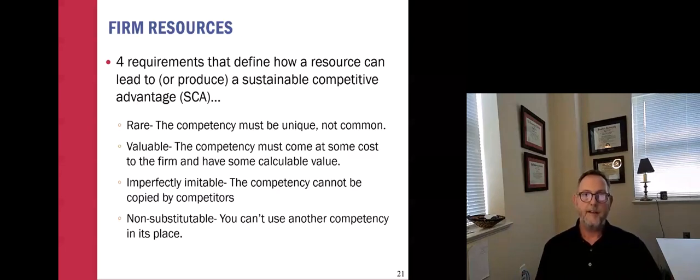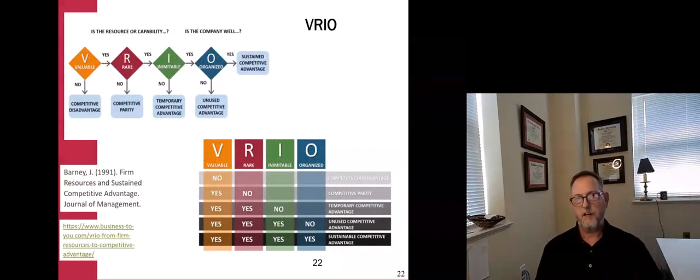Imperfectly imitable means it can't be copied or duplicated, and it also can't be substituted for. The other way you might have seen this is something called the VRIO framework or model. It's the same concept. It's a way that we test whether a skill is going to lead to a sustainable competitive advantage for a specific company.